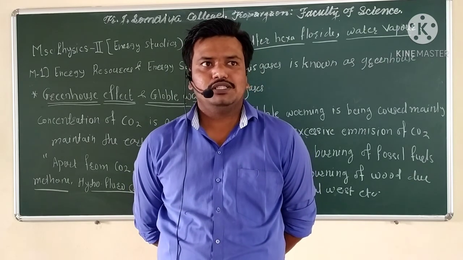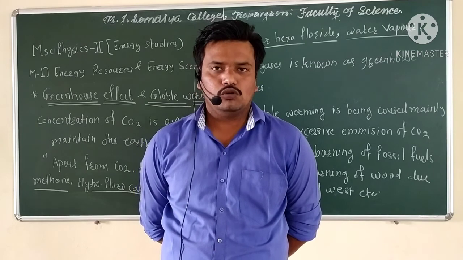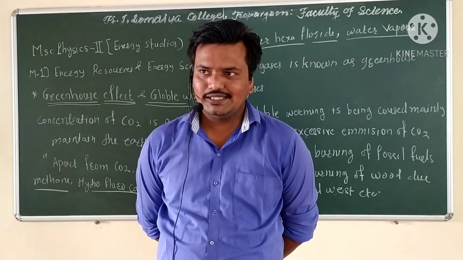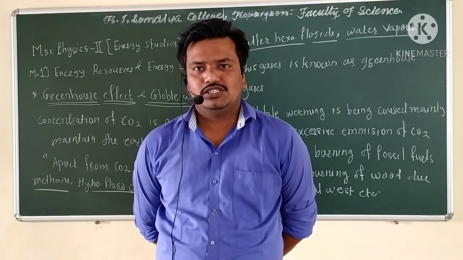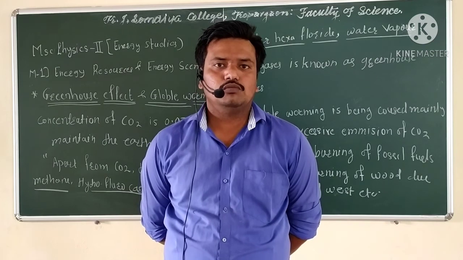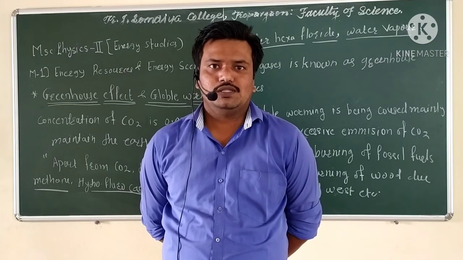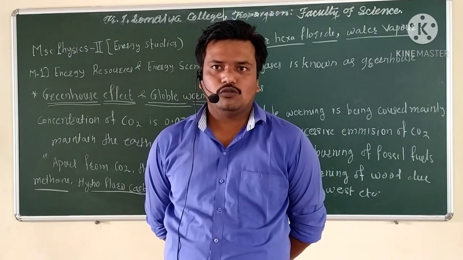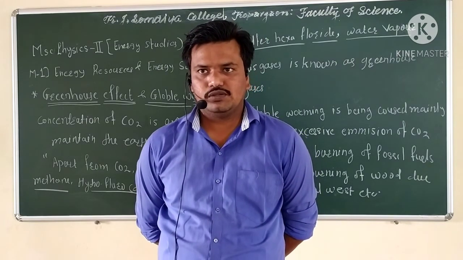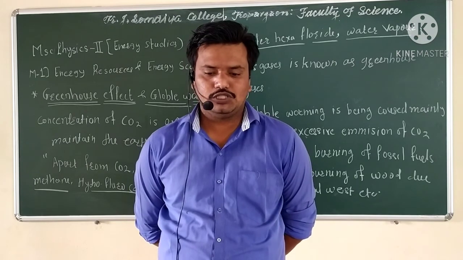If the temperature is increased due to global warming, these glaciers and ice caps melt, and consequences arise like flooding of the lower areas and small islands, etc. So this is a very alarming or dangerous situation.